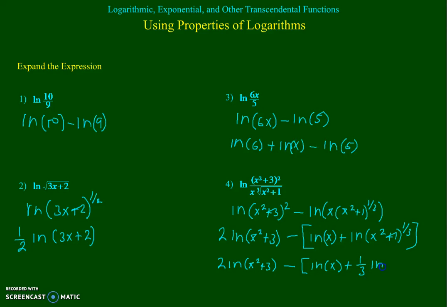And we have ln of this inner piece. Now finally, we'll distribute out that negative sign. And there we have it.